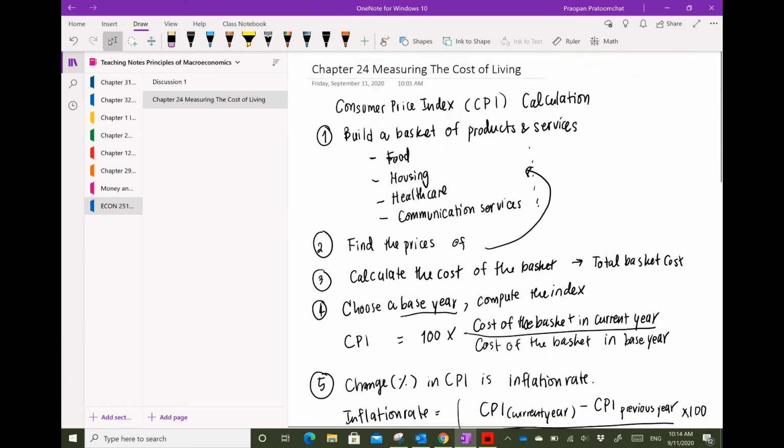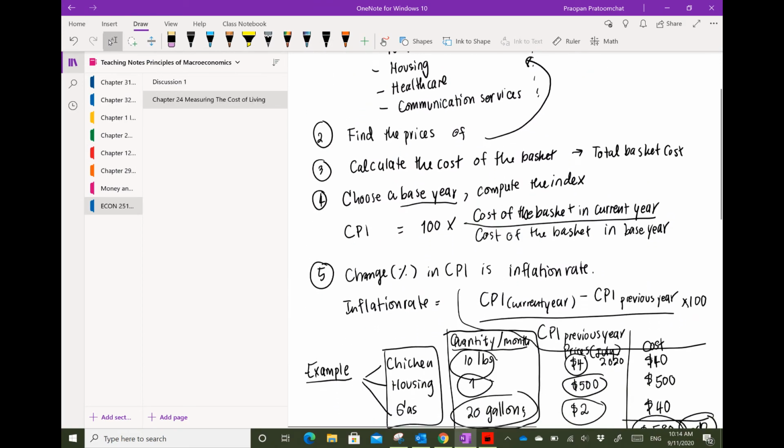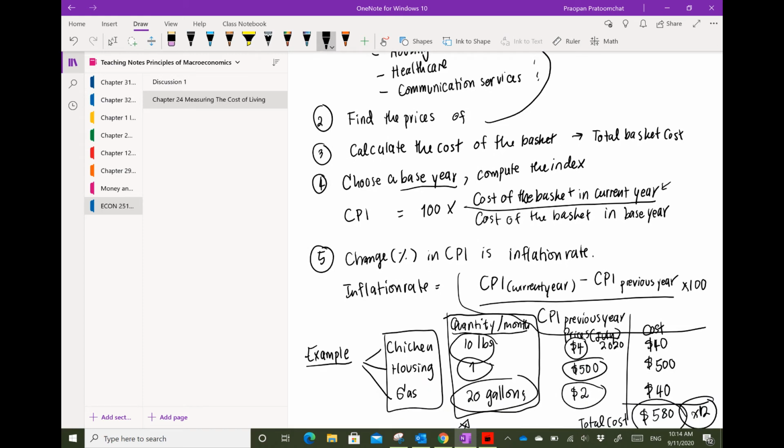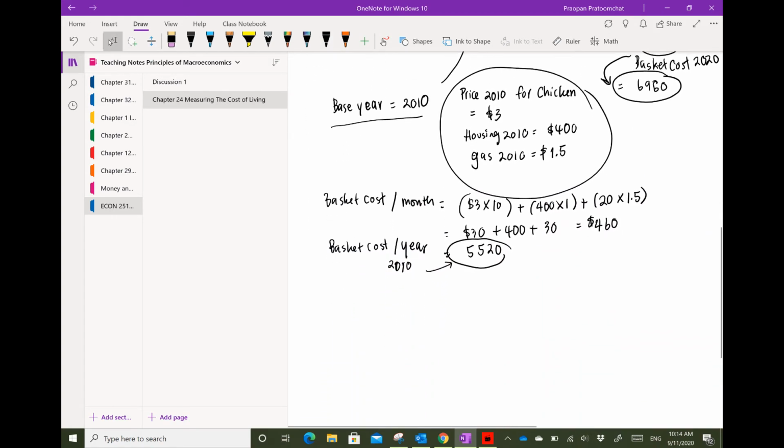Go back to our step. You get the cost of the basket in the current year. You get the cost of the basket in the base year already, times 100, that's CPI.